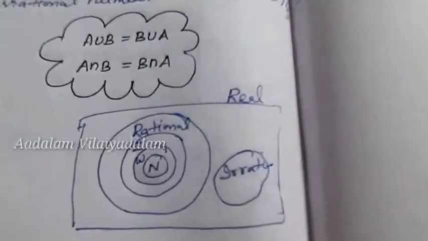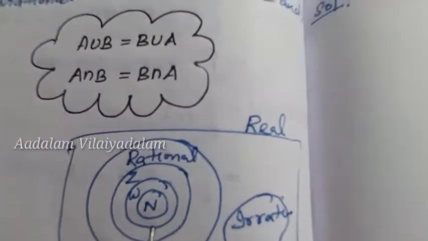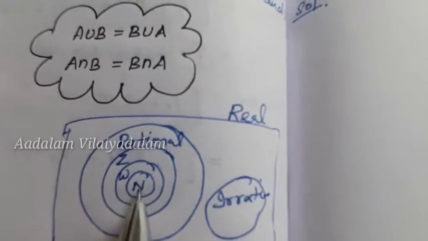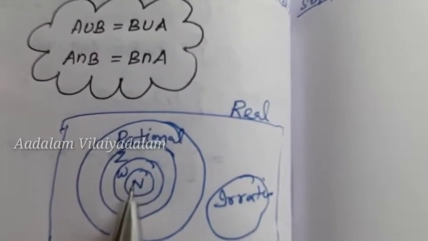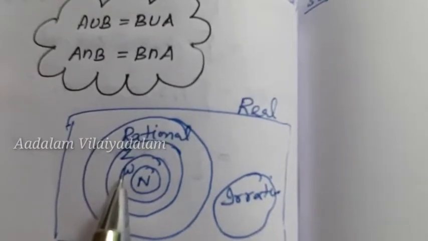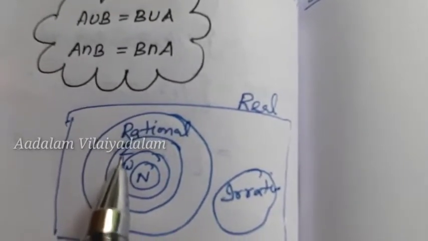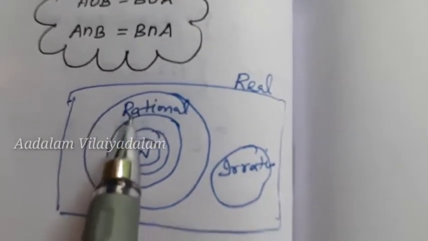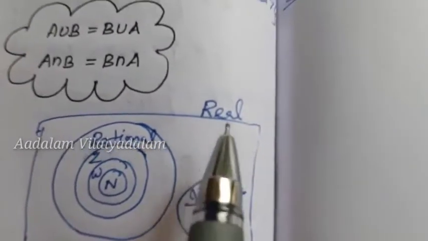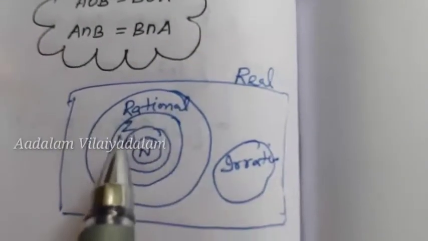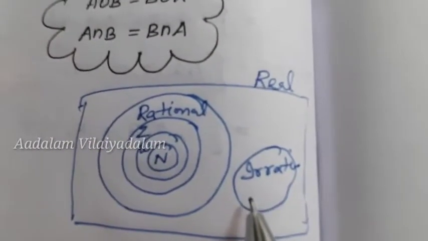So here I have drawn a simple diagram. Remember that the set of natural numbers is smaller than the whole numbers, the whole numbers are smaller than the integers, the integers are smaller than the rational numbers, and therefore in the real numbers there are the rational number set and the irrational number set.